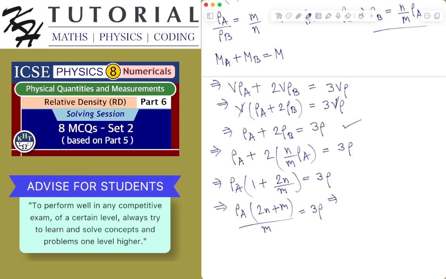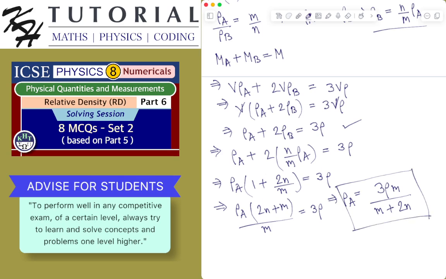So this implies rho A will be equal to 3 rho m divided by m plus twice n. So 3 rho m divided by m plus twice n, this should be the density of liquid A.